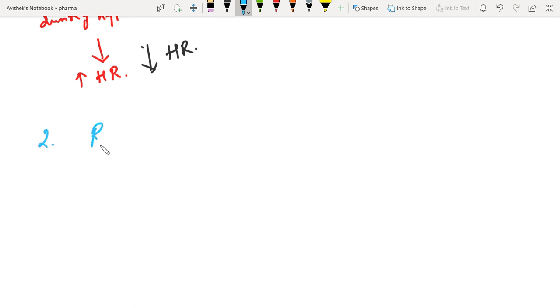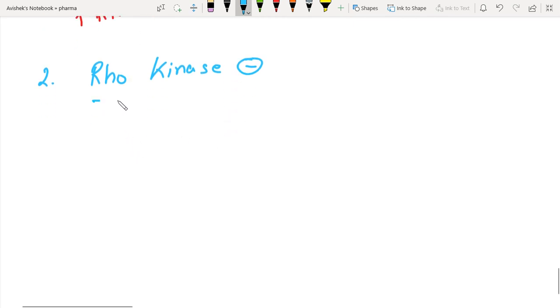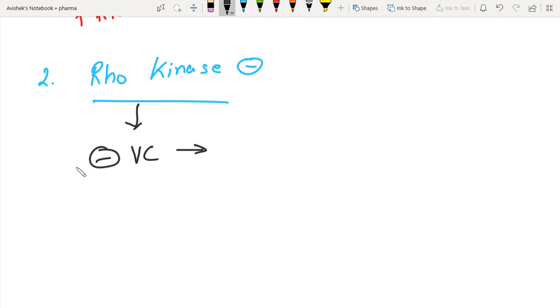Second new drug is Rho kinase inhibitor. What does it do? Rho kinase actually does vasoconstriction, but inhibitors will block the vasoconstriction in the vessels, so it will do vasodilation.